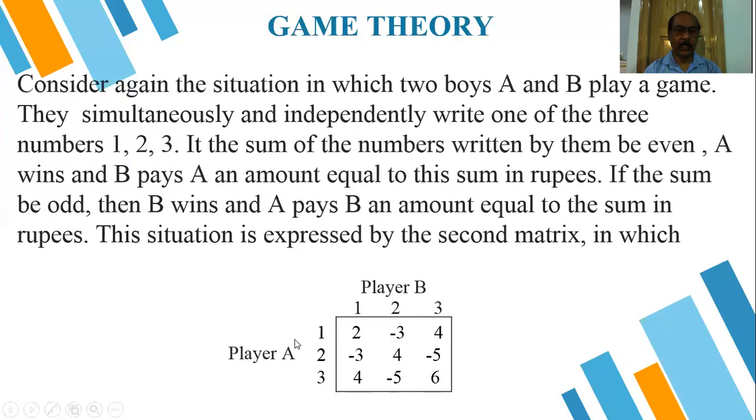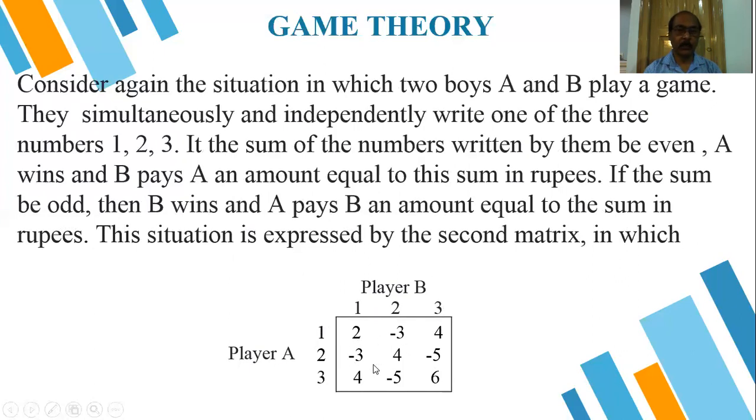Suppose player A has 3 courses of action: 1 is rupee 1, 2 is 2, and 3 is 3. Player B also has 3 courses of action, with values 1 to 3.